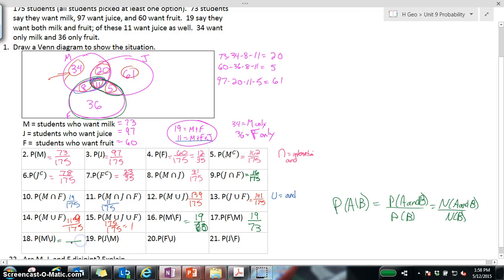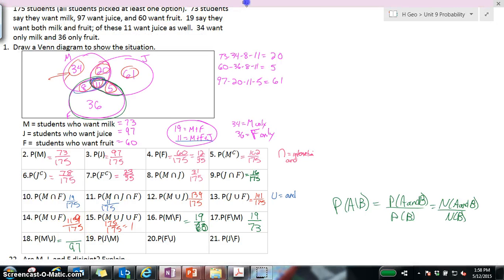Again, it's out of all the J's, because we know J is given. J is 97. And the probability that's in M and J is this intersection here, 11 and 5. So 16. M and J is not 16. Having some trouble here.